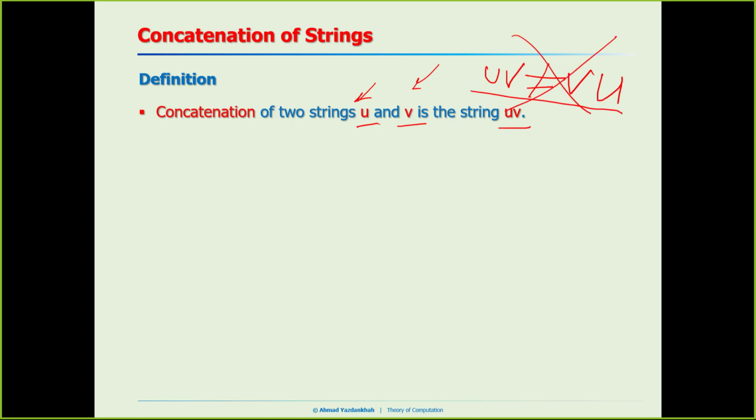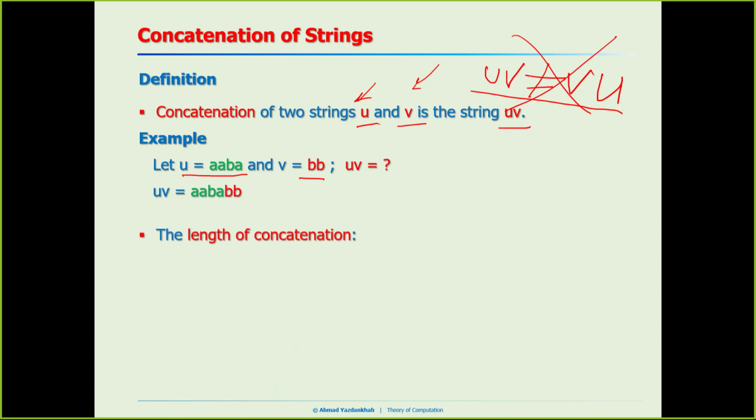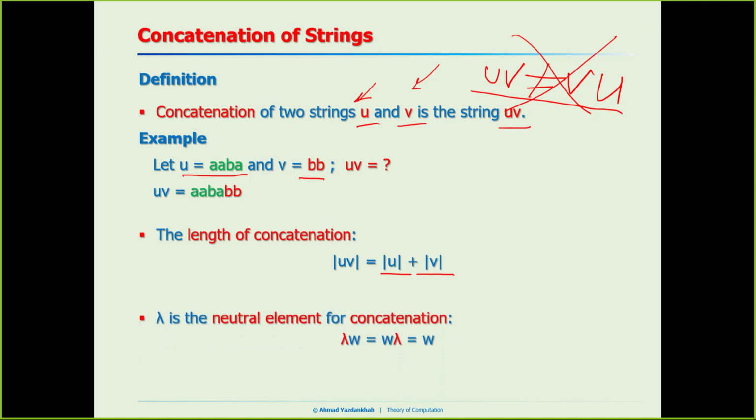All right, so let me take an example. For example, if u is AABA and v is BB, then when you concatenate them, we get this. The length of the concatenation will be the sum of the lengths of each string. Another point here is the neutral element, lambda.